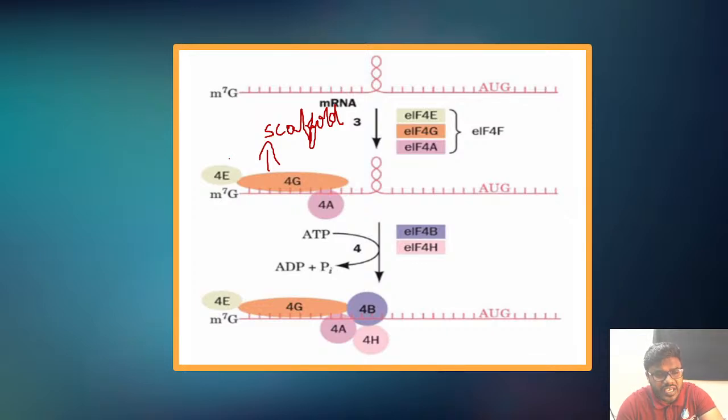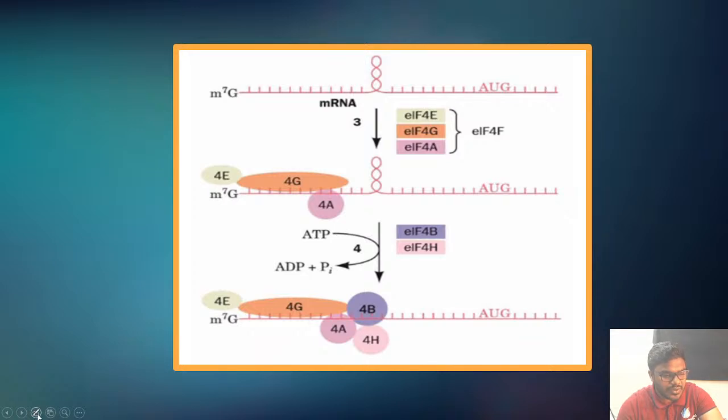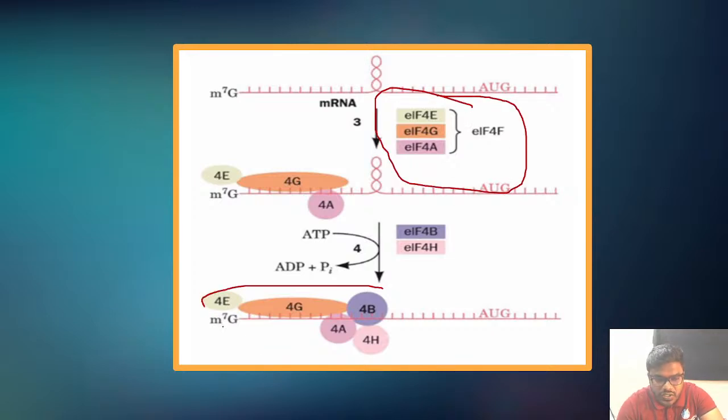A scaffold protein G can hold the E and A together. Very simple point. And what I told to all of you, if the A wants to occur, it requires the help of B and H. So this is how, friends, this entire EIF4F complex associated with the mRNA. That is absolutely fine.